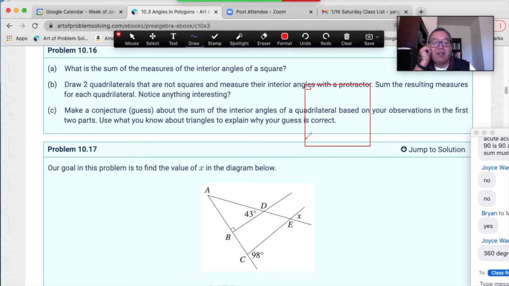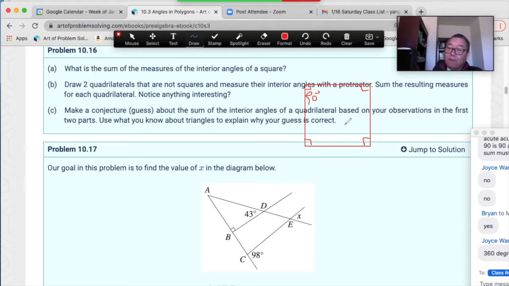Each one is 90 degrees. This is the same with a rectangle. Each one is 90 degrees. So they ask you the sum of interior angles in a square. Yeah, Joe is correct. That would be 360 degrees. That's 90 times 4, right?